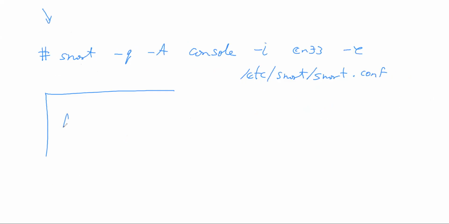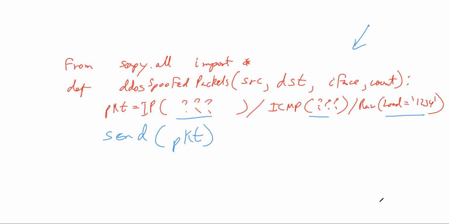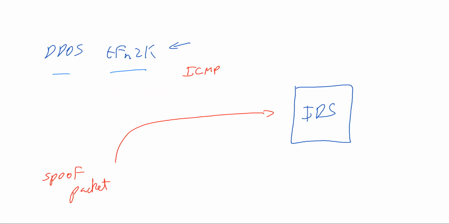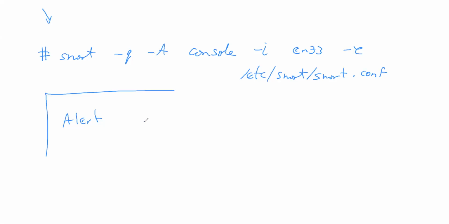And then here, you have to trigger the alert. What is it? TFN2K. So I need to be able to see that TFN2K attack has been detected by the intrusion detection system. And it's really that simple, okay?